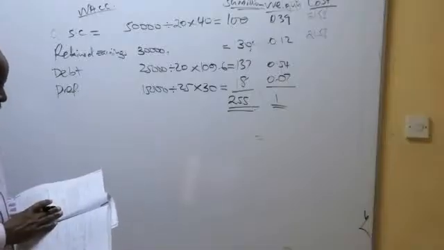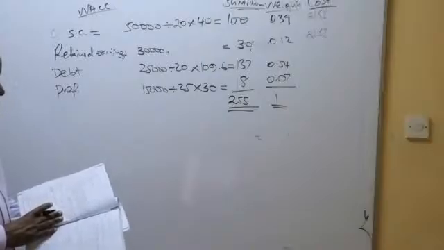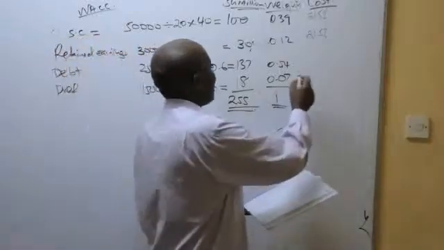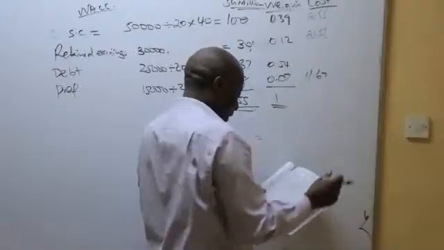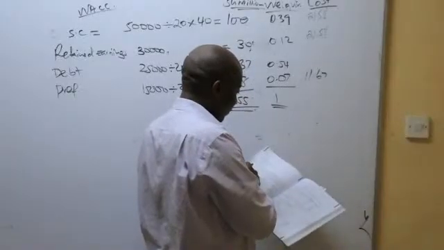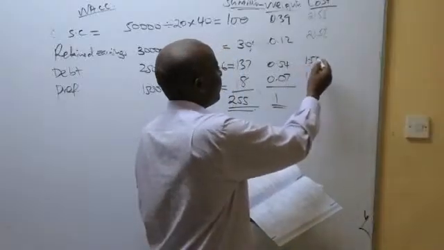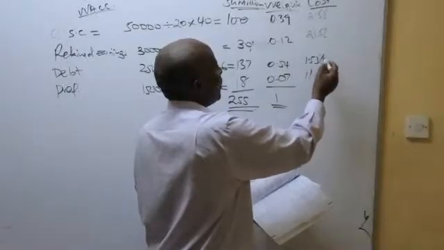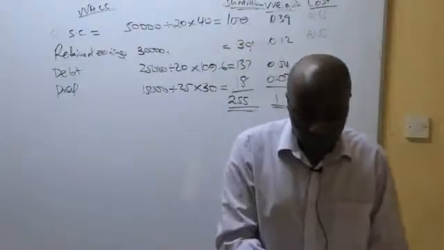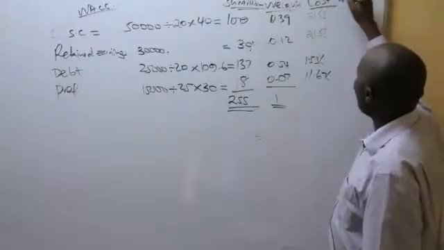The preference I know is 11.67, so that must be the one that you guys got. 1.53. So please come and give me the weighted cost at the end of the day.